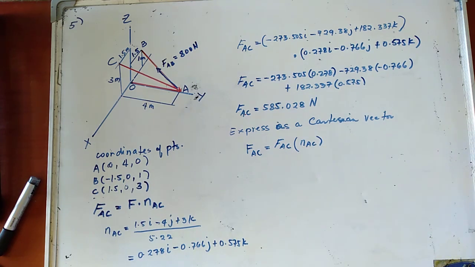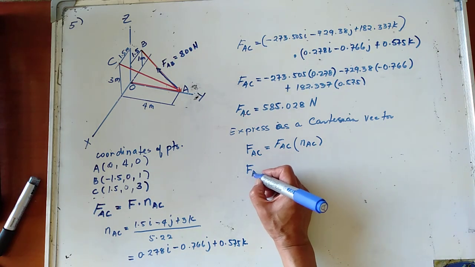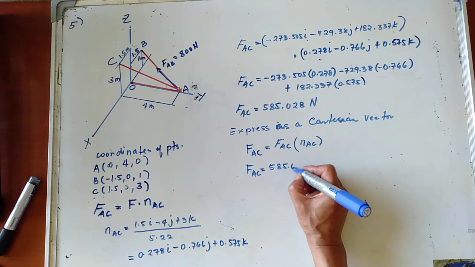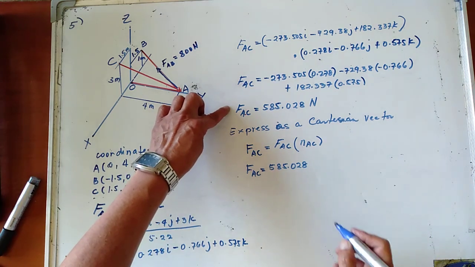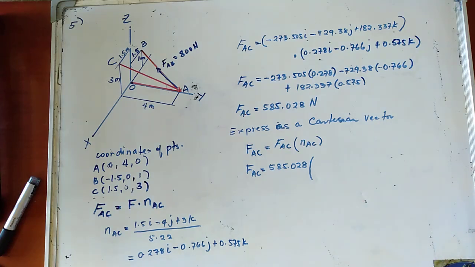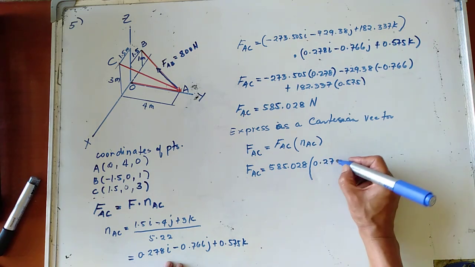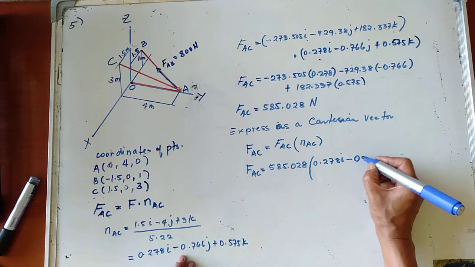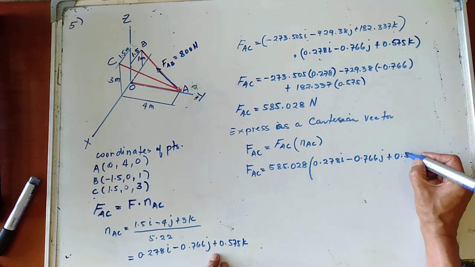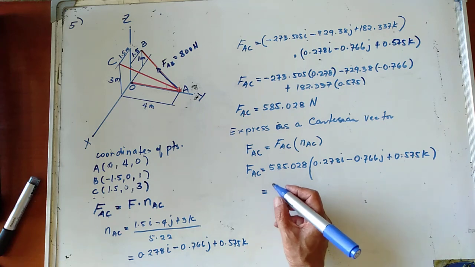So F_AC is 585.028 newtons multiplied by the unit vector n_AC, which is 0.278i minus 0.766j plus 0.575k.